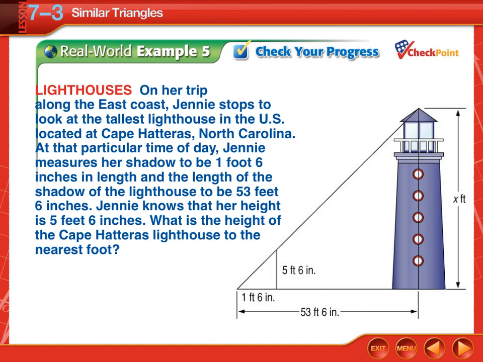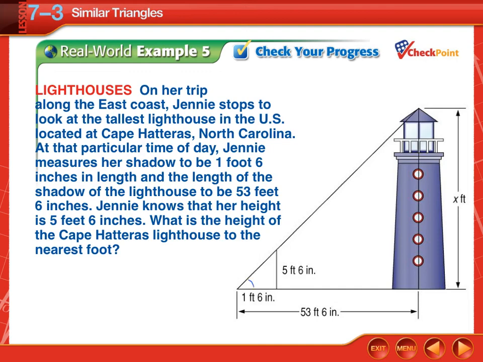Jenny stops to look at the tallest lighthouse, located in Cape Hatteras, North Carolina, and she measures her own shadow to be 1 foot and 6 inches, and the length of the shadow of the entire lighthouse to be 53 feet and 6 inches. Jenny knows that her height is 5 feet 6 inches, and she's going to try to set up a proportionality to indirectly figure out the height of the lighthouse.